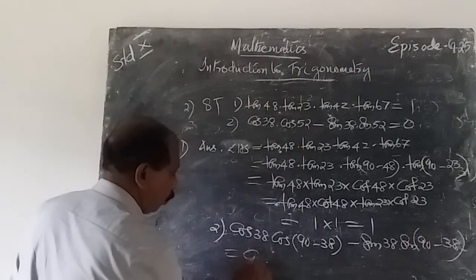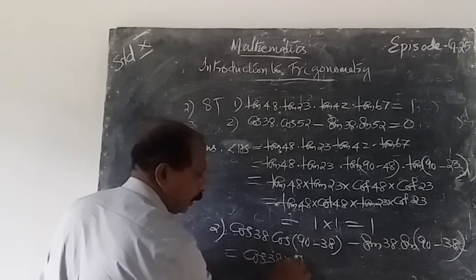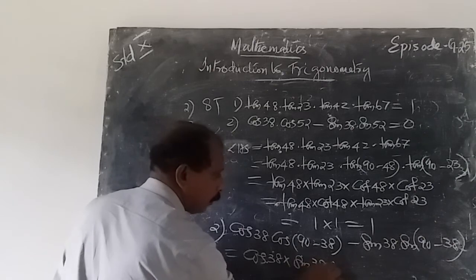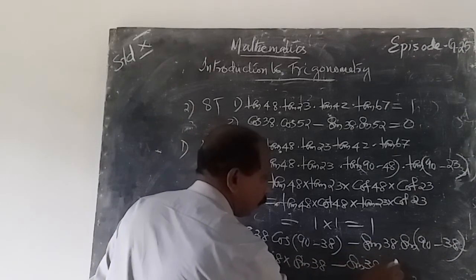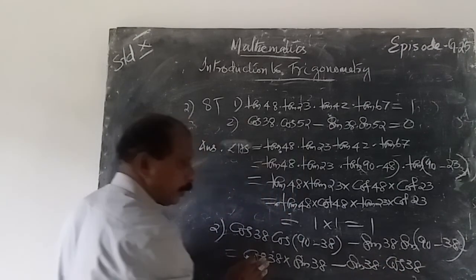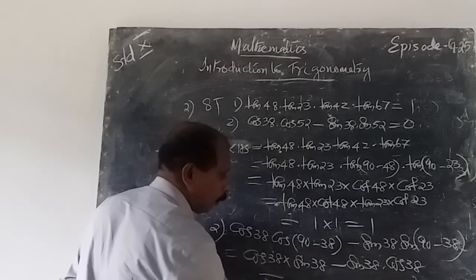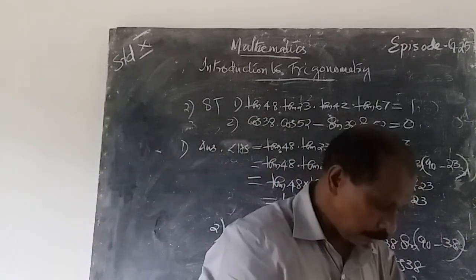That gives cos 38 into sin 38 minus sin 38 into sin 90 minus theta, cos 38. Any term minus that term is equal to 0. This is the second question.